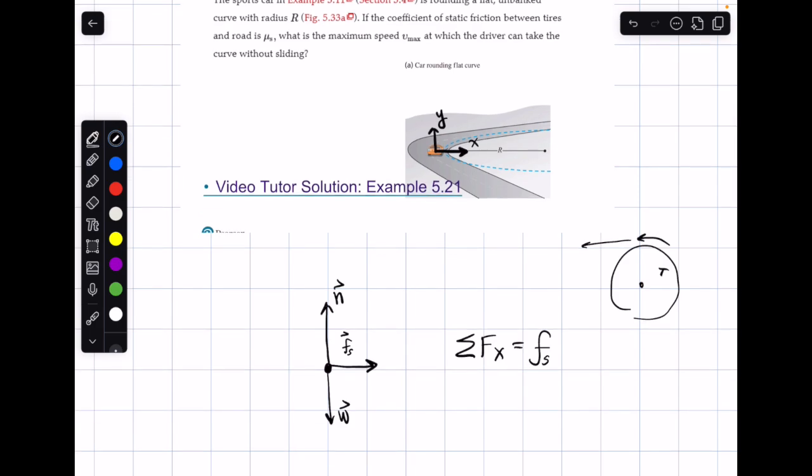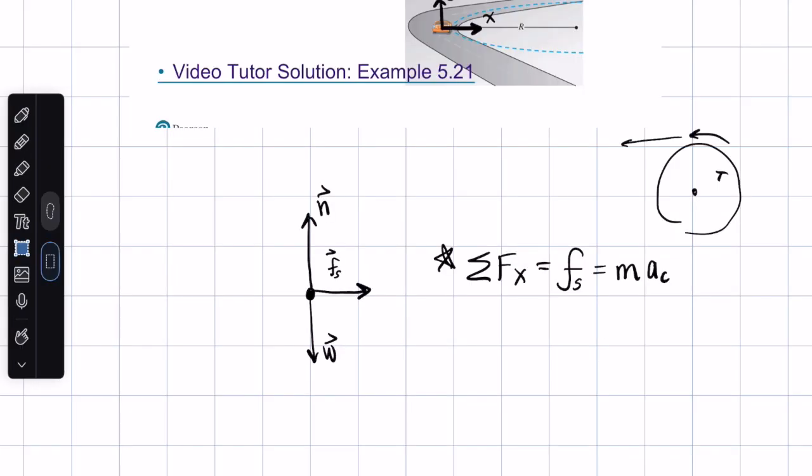So that is going to be equal to the mass times the centripetal acceleration. And we can expand what these forces are. We know that the frictional force is mu k times the normal force, and the centripetal acceleration is v squared over r.